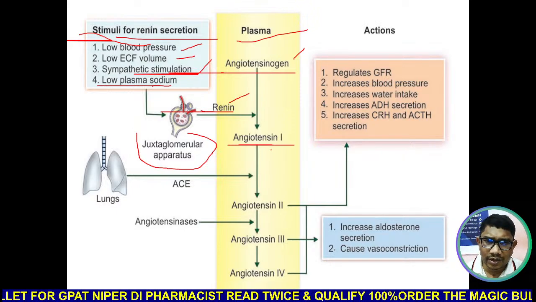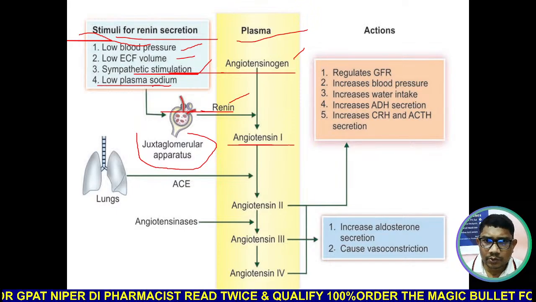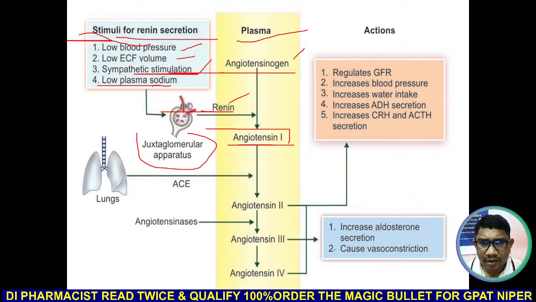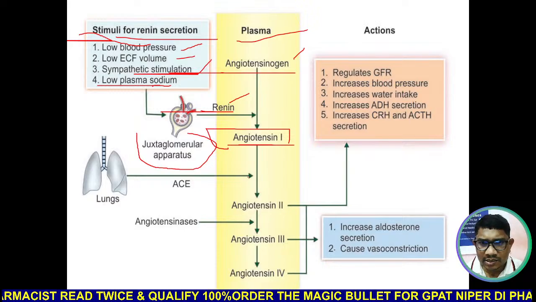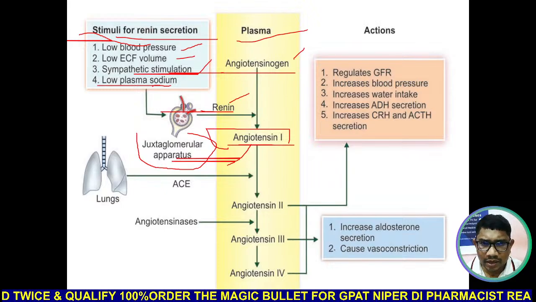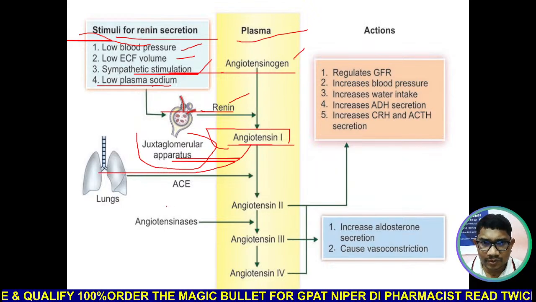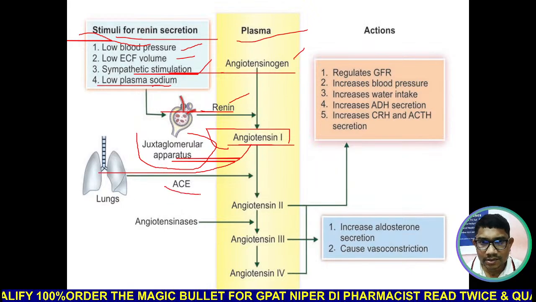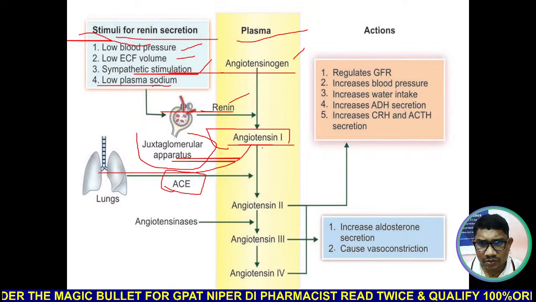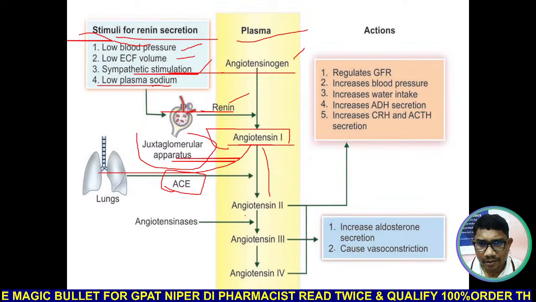Angiotensin 1 circulates in the blood, and when it passes through the lungs, there is an enzyme known as ACE, angiotensin converting enzyme, that will convert angiotensin 1 to angiotensin 2.